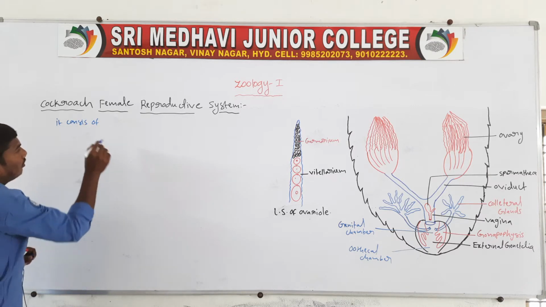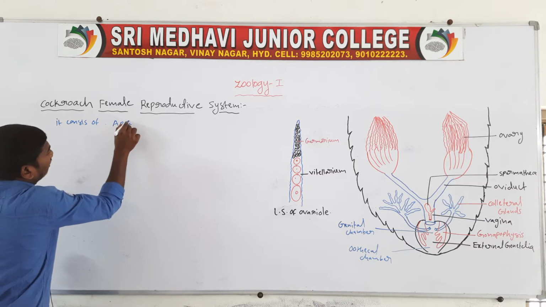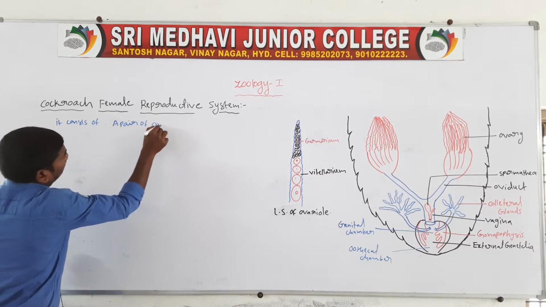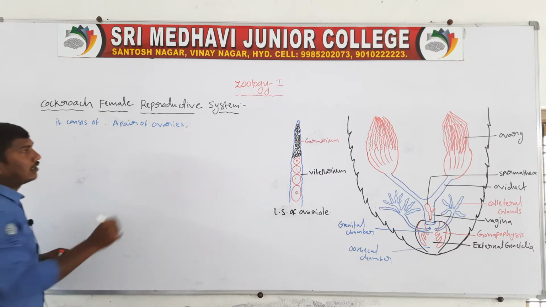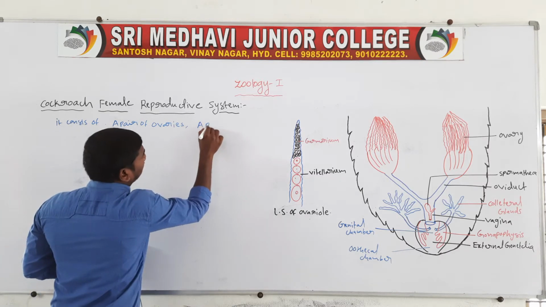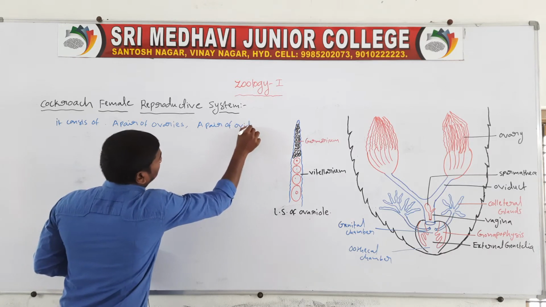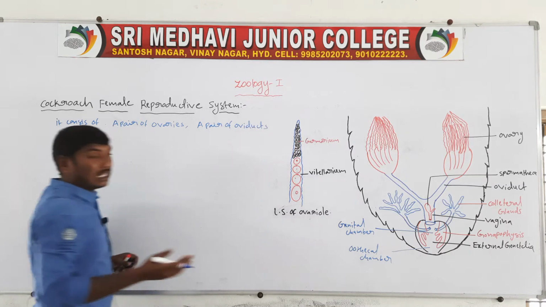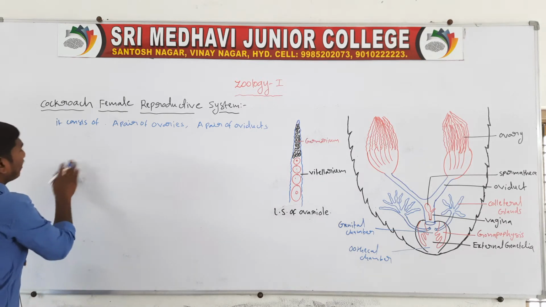ovaries, a pair of oviducts. Next one, vagina.